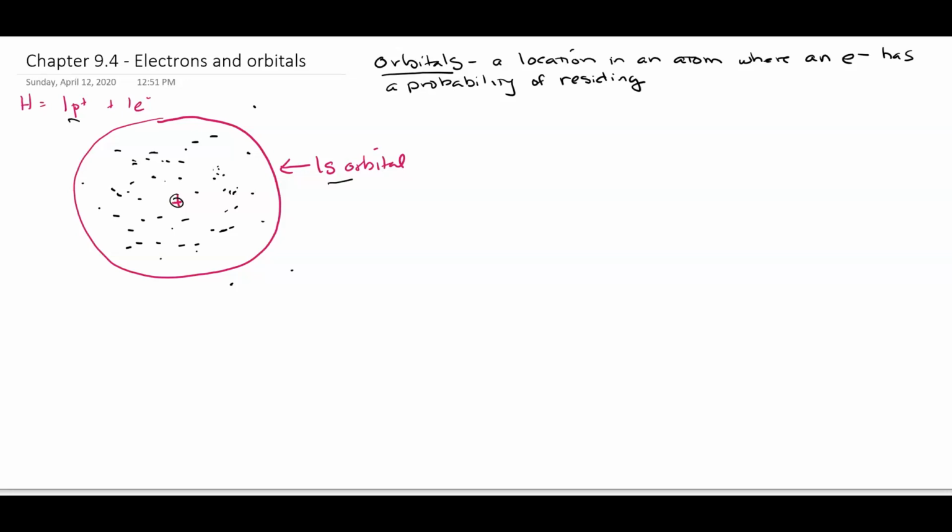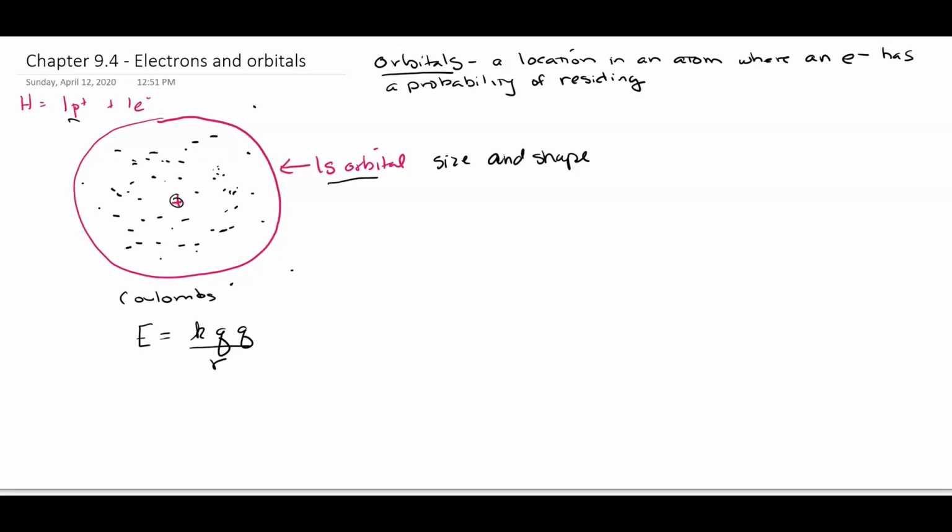So orbitals have an associated size and shape. There's also an energy level associated with orbitals. It's worth pointing out that the energy associated with an electron residing in an orbital is a function of its distance from the nucleus. Coulomb's law describes the electrostatic energy associated between two charged particles.